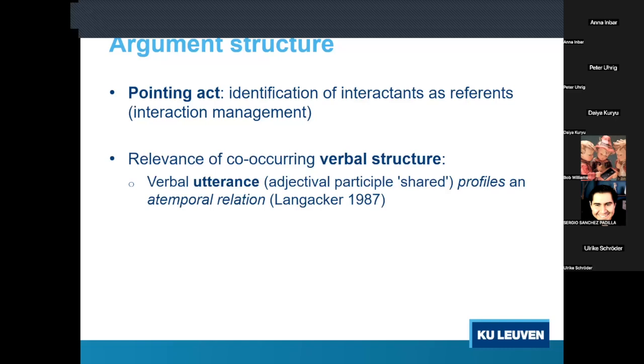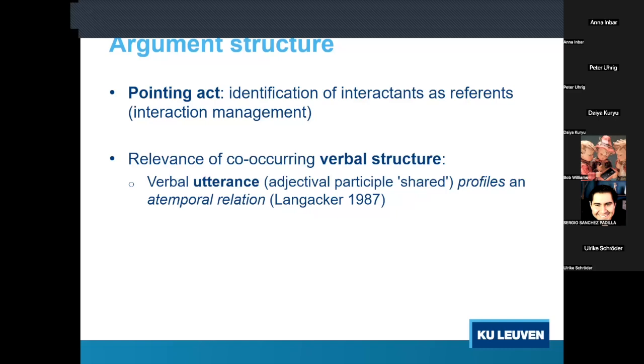But what the pointing gesture is adding is the argument structure of the underlying verb to share something between, well, I share something with you. And you only have this argument structure related to the verb which underlies the past participle here, right? So what you see here is that the pointing gesture really is adding elements from the verbal structure into a noun phrase, okay?